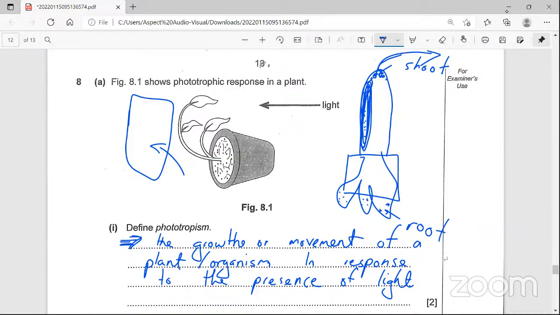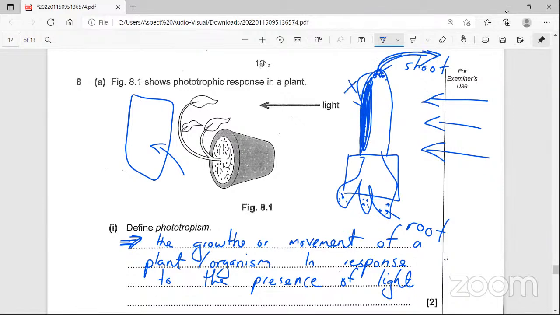Once that production has happened, let's say your light has shifted, it's now this side. It's not on top. These auxins will move to the darker side, away from the light. So there's a higher concentration of your auxins here, and this will cause your cell division and the elongation so that it grows more this side.